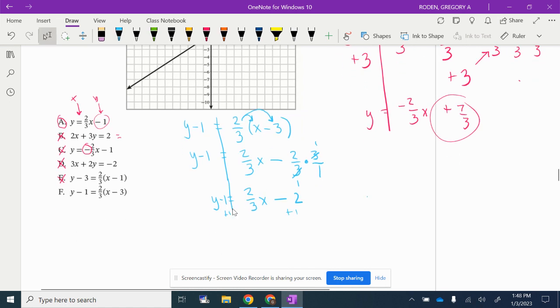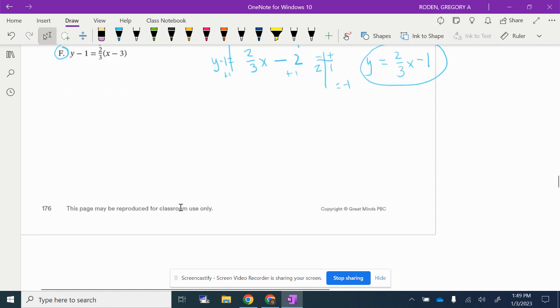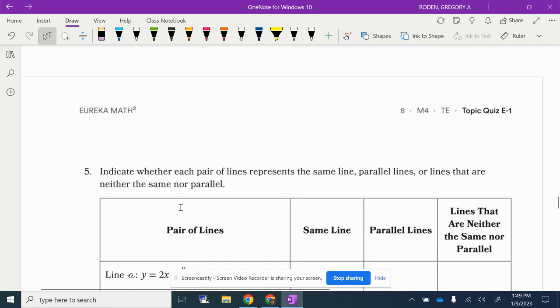And so now we get y equals 2/3 x minus 1, because negative 2 plus 1 is equal to negative 1. So yeah, that works. So this one actually does work. So the two answers that worked are A and F. All right, a lot of ones that didn't, but 2 of them did. Okay. All right, next one.